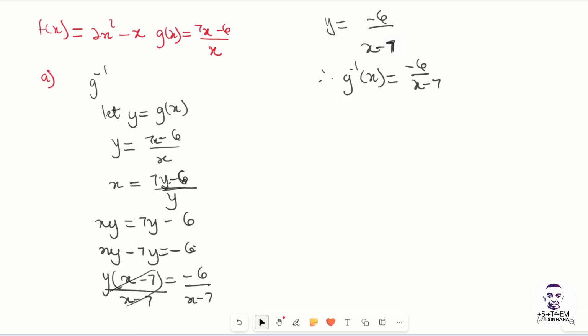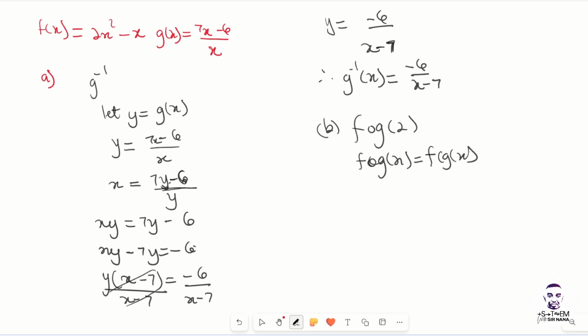Now, in the b part of the question, we are asked to do the composition f of g of 2. First, we must find f of g of x. We take the function f, and wherever we see x in f, we put g there.